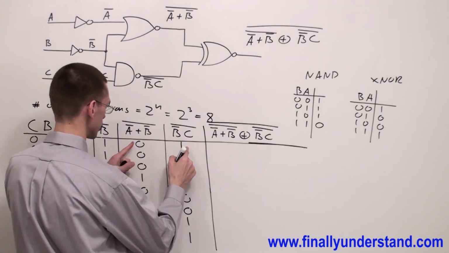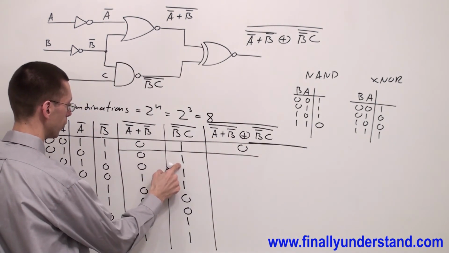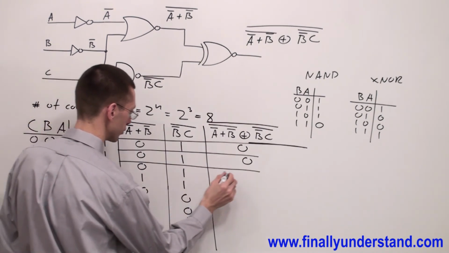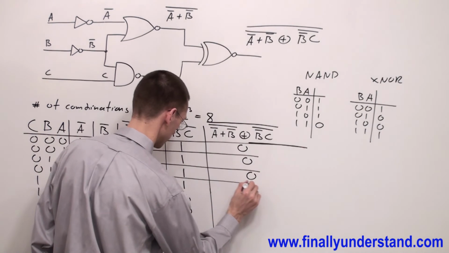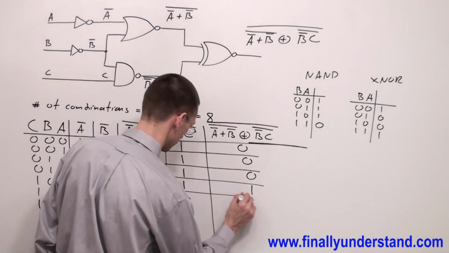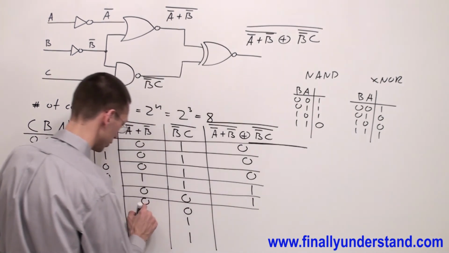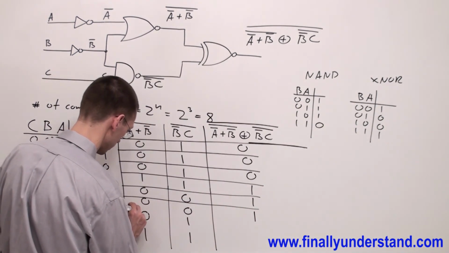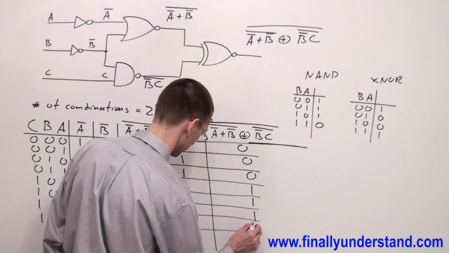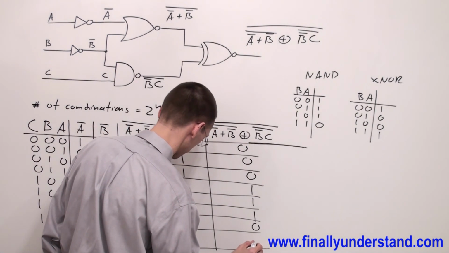So I have 0 1 gives me 0. 1 1 gives me 1. 0 0 gives me 1. 0 1 gives me 0. 1 1 gives me 1.